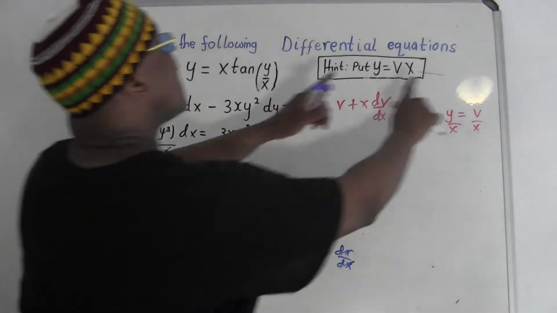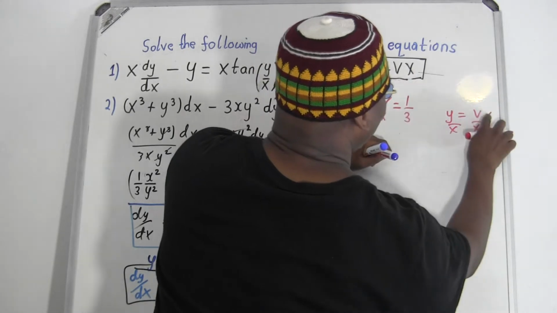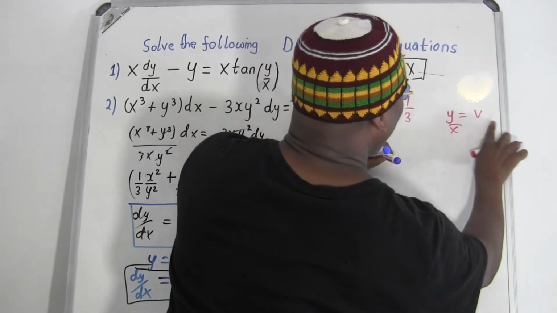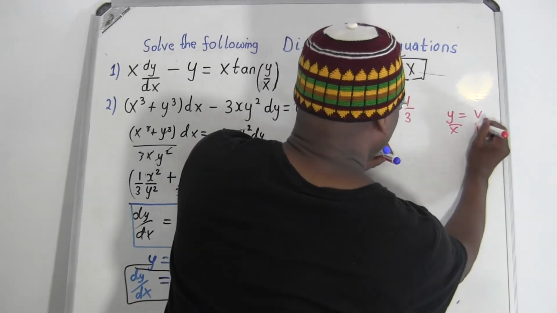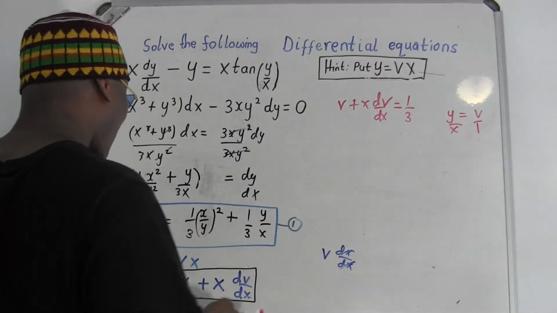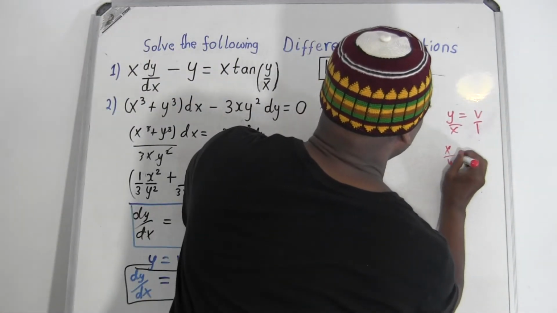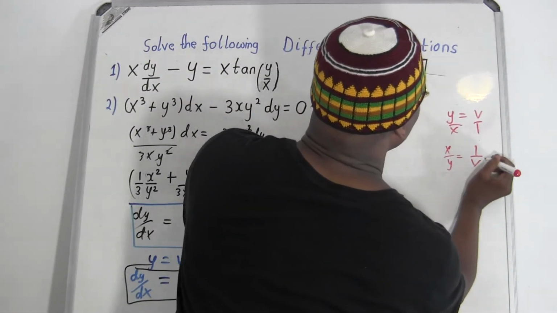But x over y means flip everything. Oh my god, what am I doing? Y equal to vx divided by x means it's going to be only v here. So v equal to y over x, like v over 1 equal to y over x. Just a normal flipping around. Okay, now x over y means flip everything. So x over y equal to 1 over v.